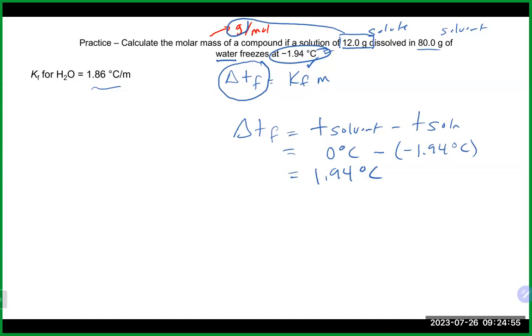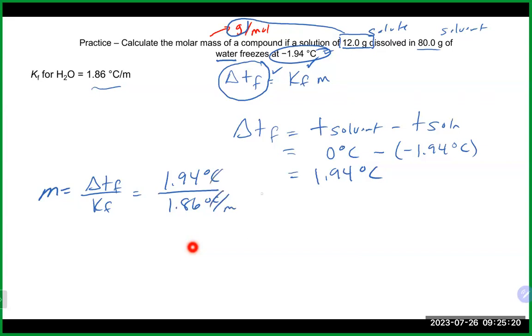Now that we have the Kf and the change in freezing point temperature, we can solve for the molality. So the molality equals the change in the freezing point temperature divided by the Kf, which gives us 1.94 degrees Celsius divided by 1.86 degrees Celsius per molal.